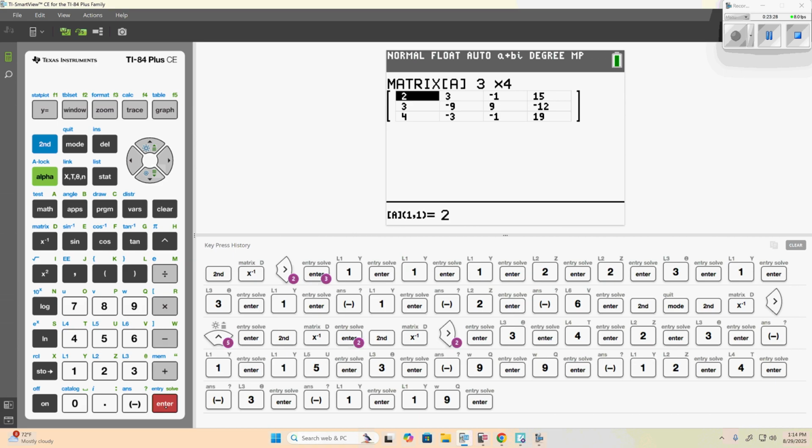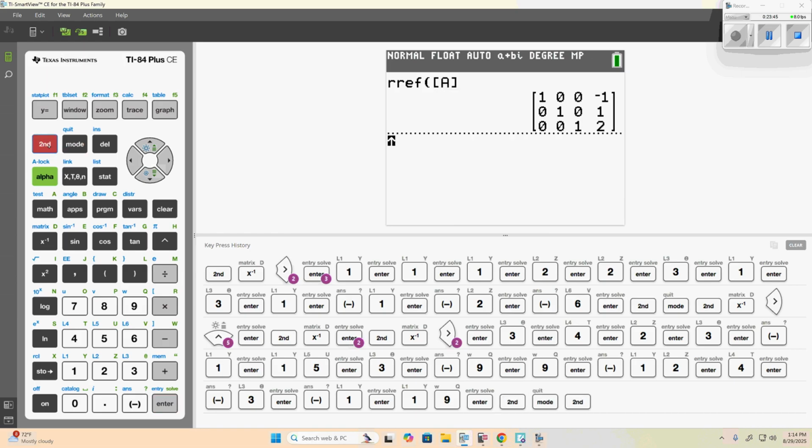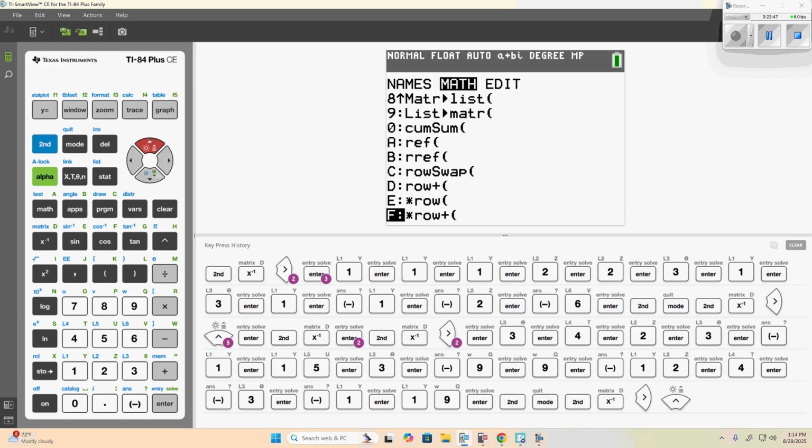Once y'all get it typed in, second, quit. Second matrix. Over to math, and we're going to find RREF.